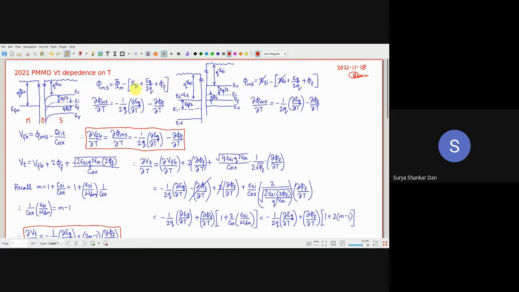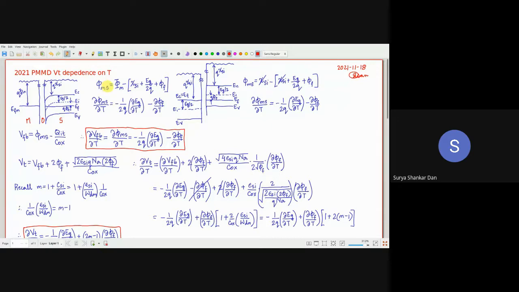I have divided everything by Q because these are all in potential units, not electron volts. Whereas in this figure, we are plotting energy with respect to x or distance, so the y-axis being electron volts, we have put Q everywhere. In this case, we are not doing that. All right, so this is the phi ms, which we all know.